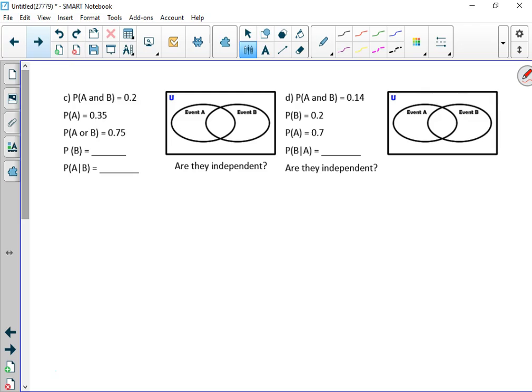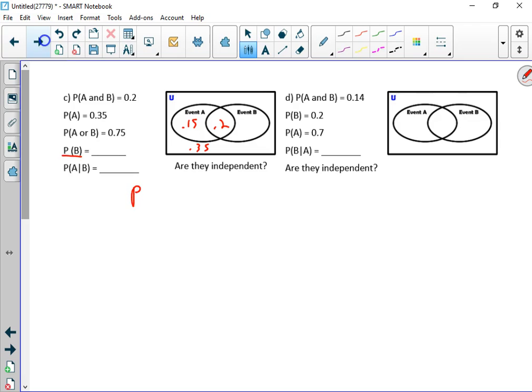Moving on to the next example. A and B is 0.2, so 0.2 goes in here. We know that A is 0.35, so if we subtract, that gives us 0.15 right here. Now we know that A or B is 0.75, so both circles combined equal 0.75.